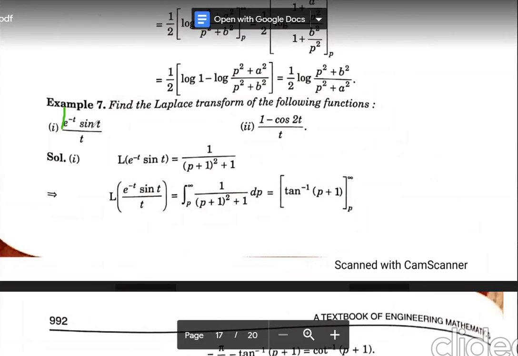But in order to find this one, what do you need to do? First you find the Laplace transform of sine of t, and then use the property e to the power minus at into f of t, which we have just discussed. And then after getting the Laplace transform of this whole, use the f of t by t property.